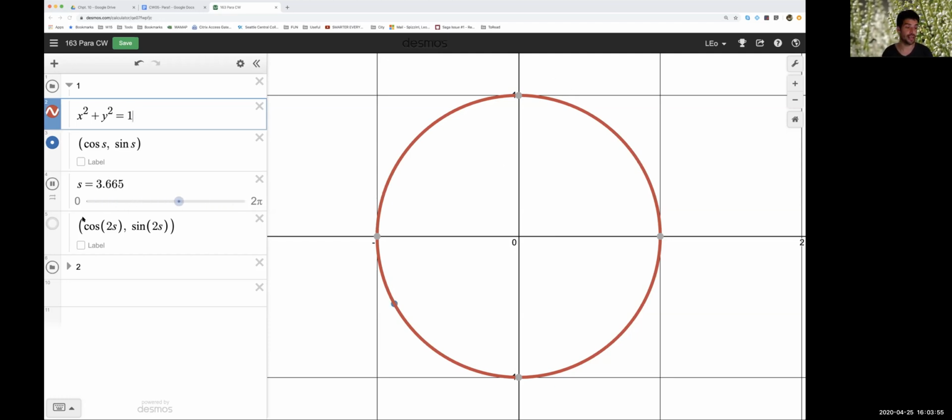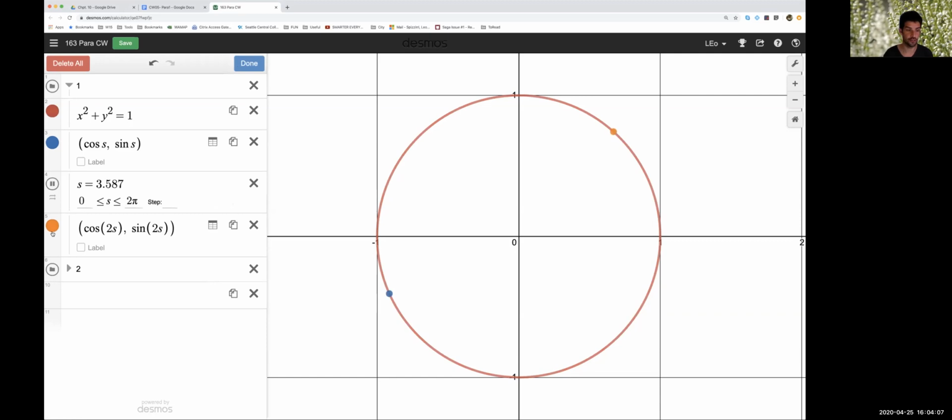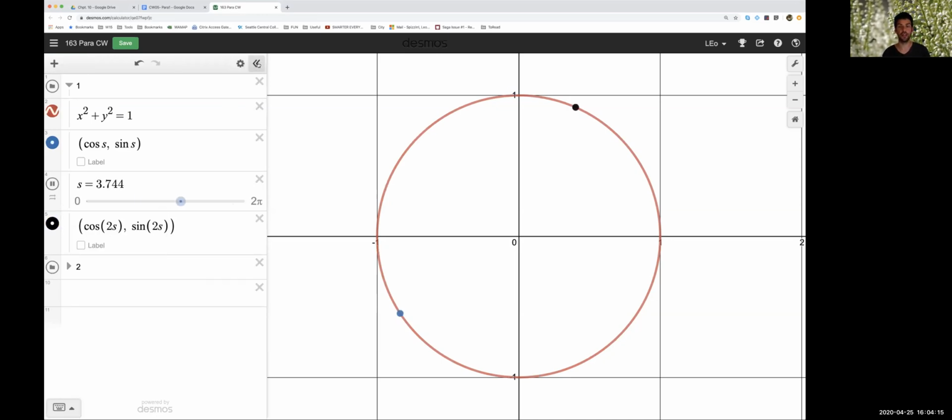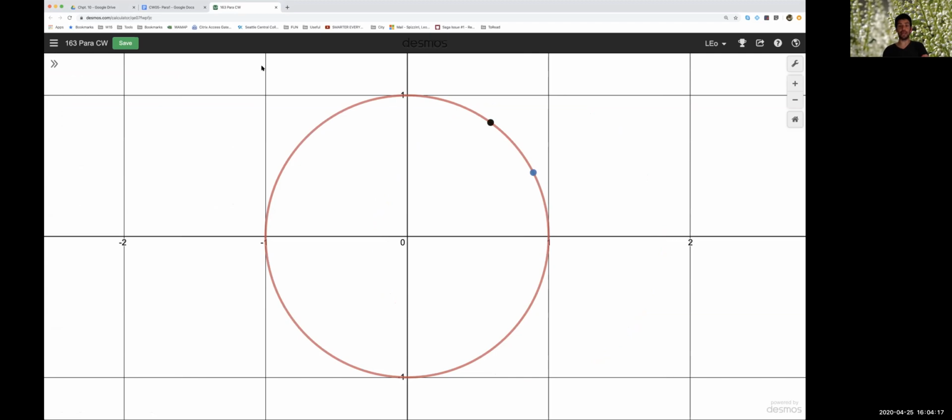So let's put a particle traveling with these parametric equations that have a factor of 2 multiplying the parameter. And we see we get something moving twice as fast. Maybe I'll change the color. It kind of disappears on that. How about black? There we go. That looks pretty good. So I think you can see that black particle is traveling twice as fast.